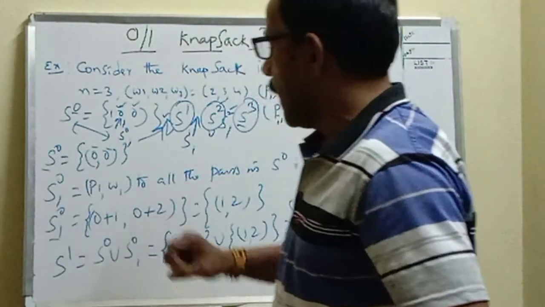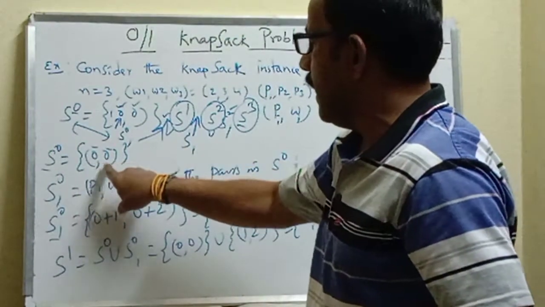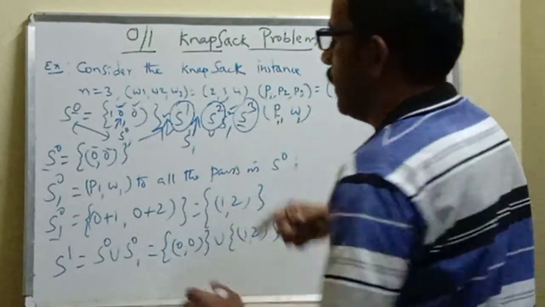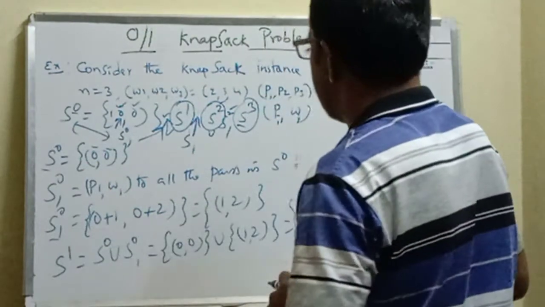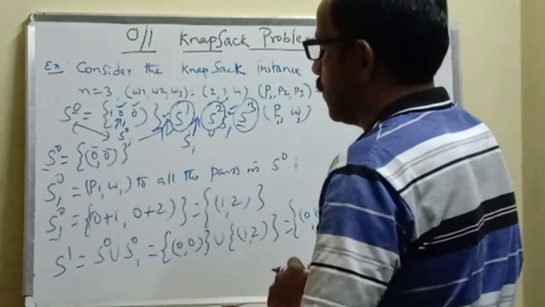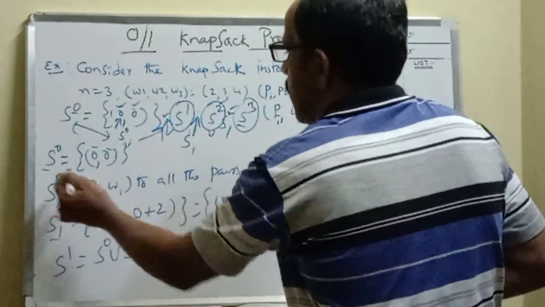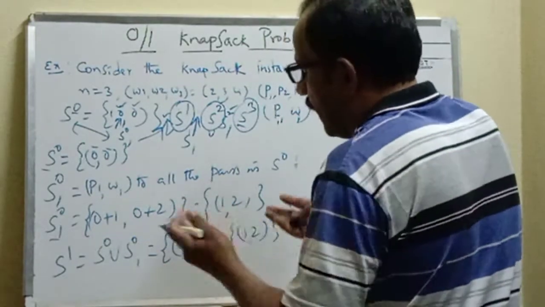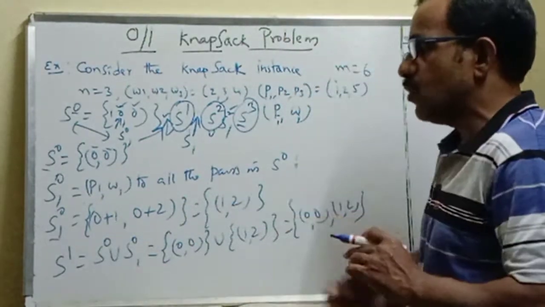How did we get S1? From S0, just add the profit and weight items P1 and W1. For obtaining S01, add P1, W1 to all the items in S0. After getting the intermediate result S01, simply combine S0 and S01 by performing union, because these two are sets.